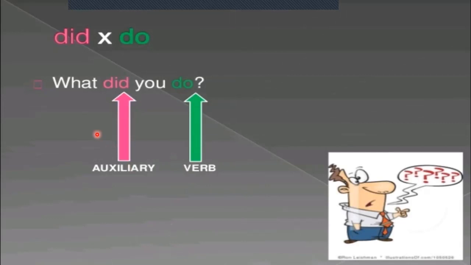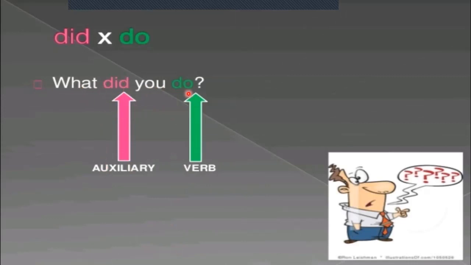My students, look at this question. What did you do? Here I use the verb to do in the past, and here I use the verb to do in infinitive. Here I use did because I make a question in the past simple tense, and I use did as an auxiliary verb.